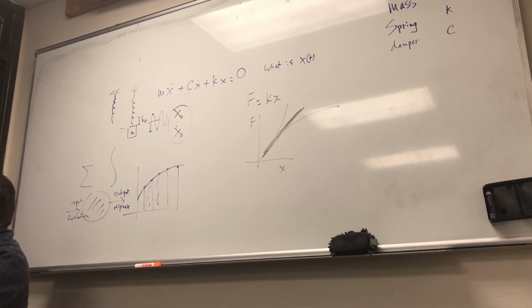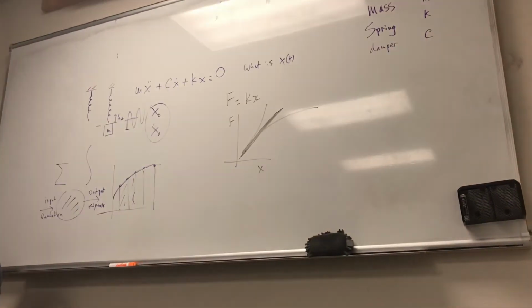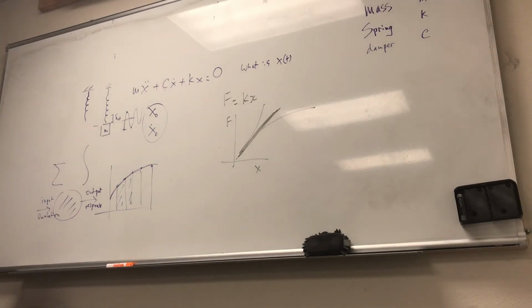The second one is derivation of the governing equation. In other words, use F equals ma, really. When you do F equals ma, you will end up with a differential equation in most cases. So what do you need to do with the differential equation? Well, you need to solve it, because it's the solution to the differential equation that's going to tell you how that mass is going to move.